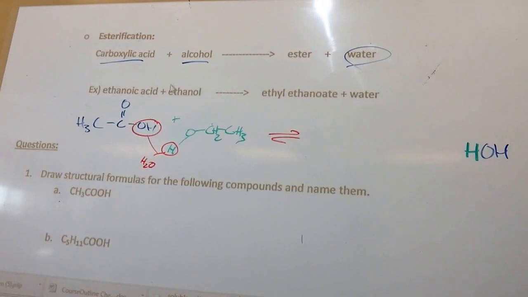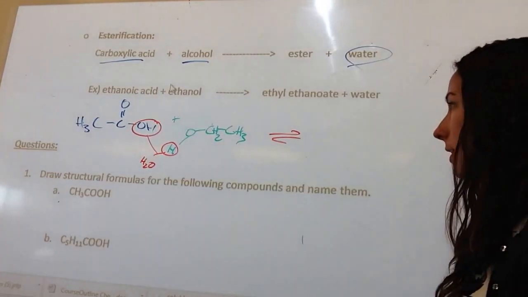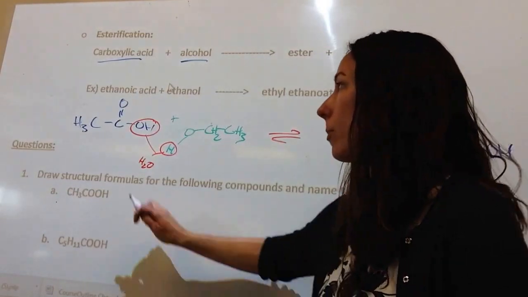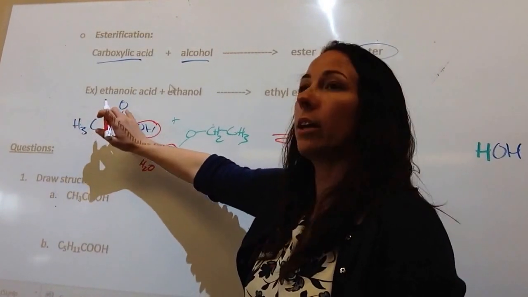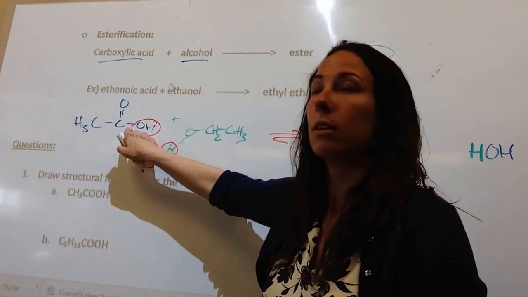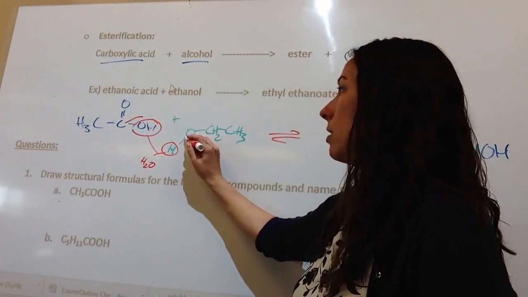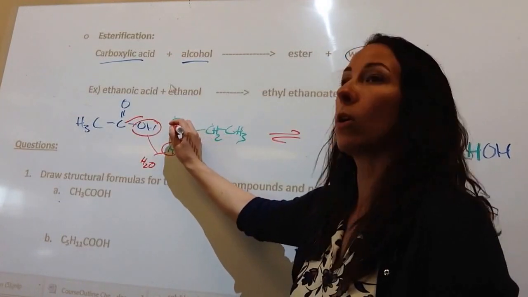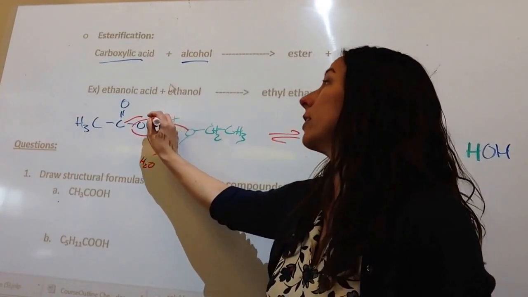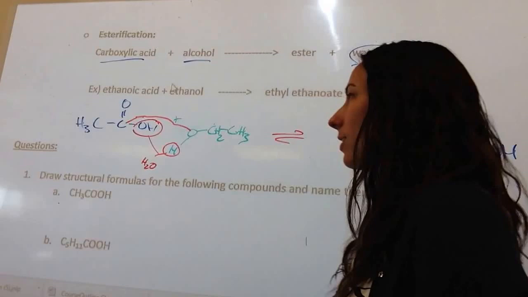Okay? Everybody with me? Now, when I do that, this poor carbon ends up with 1, 2, 3, missing something. Wants to form a new bond. This oxygen ends up with 1, missing something. Wants to form a new bond. And so they find each other. Oh, isn't that beautiful?